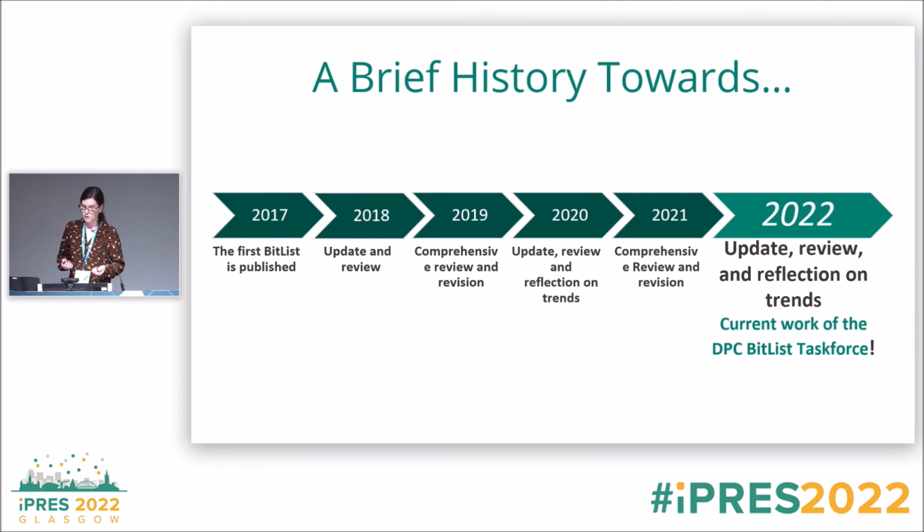So that brings us to the work of the DPC BitList Task Force, which is made of members from the DPC Advocacy and Community Subcommittee. And so far, we have had DPC staff and members of the task force read through the 2021 BitList, identify any potential developments or work that has changed the risk profiles, and come up with a list of 14 suggested entries with a trend in 2022.